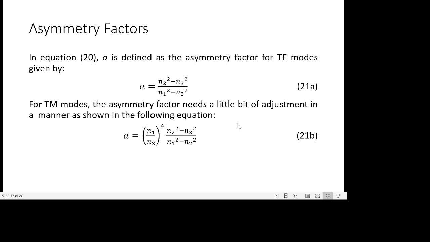For TM modes, the asymmetry factor is going to be obtained by multiplying this factor, bracket n1 divided by n3 to the power 4, times the original one.